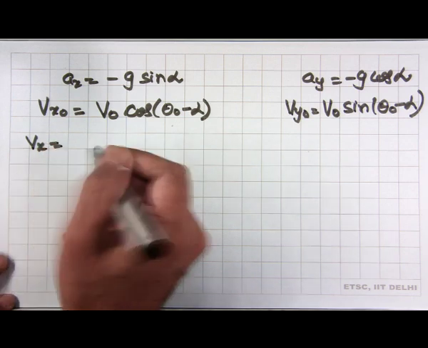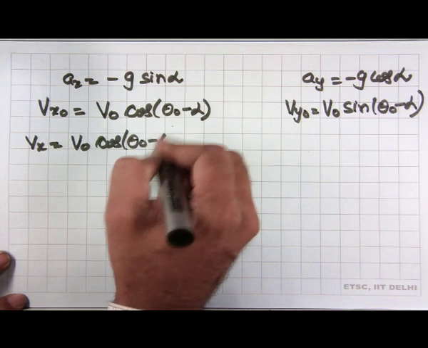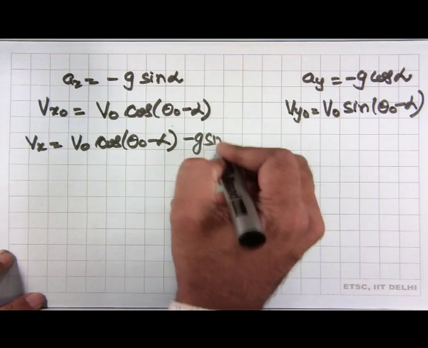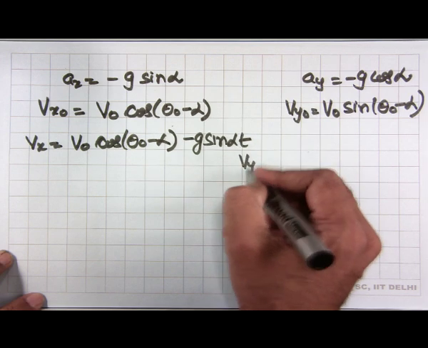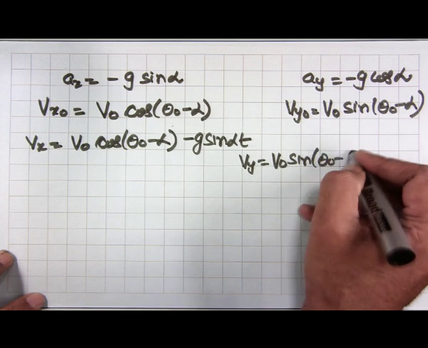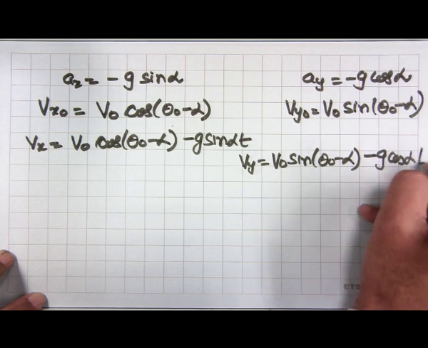So, Vx is equal to v0 cosine of theta 0 minus alpha minus g sin alpha t, and Vy is equal to v0 sine of theta 0 minus alpha minus g cos alpha t.